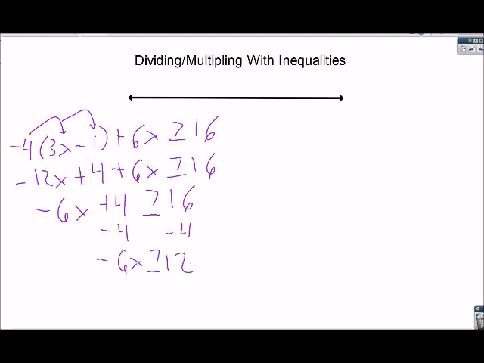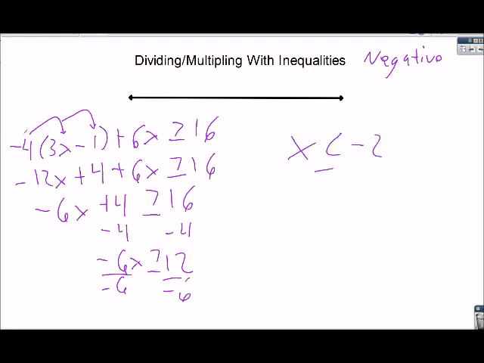So now that I'm done, when I get to dividing to the other side, positives, it makes no difference. But when it's a negative, just like I have this -6 right here, this causes this inequality to flip.